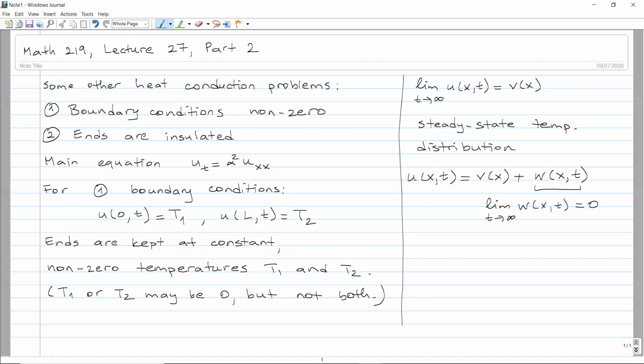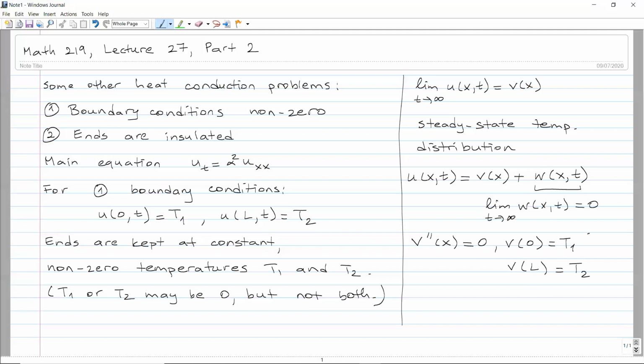So the second derivative of the steady state temperature distribution, we expect it to be 0. And at the end where x equals 0, it is going to be T1. And at the end where x is equal to L, it is going to be T2.